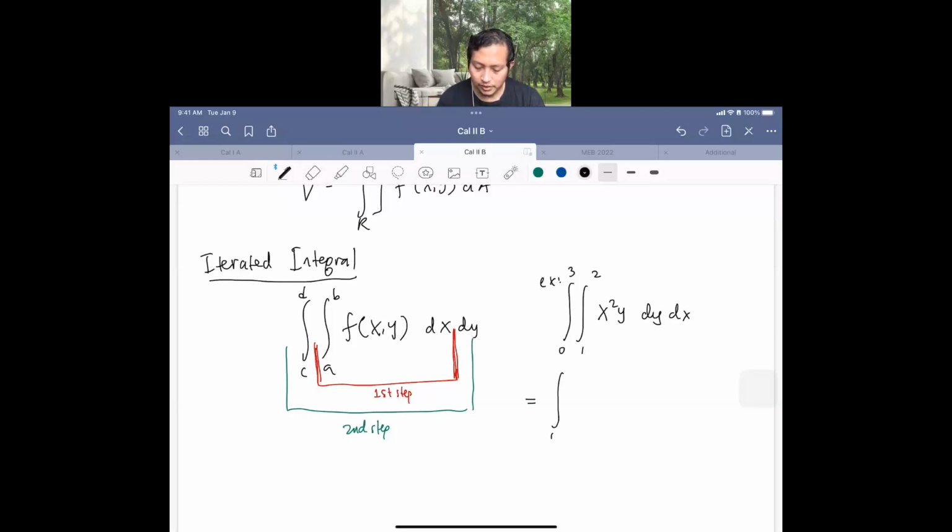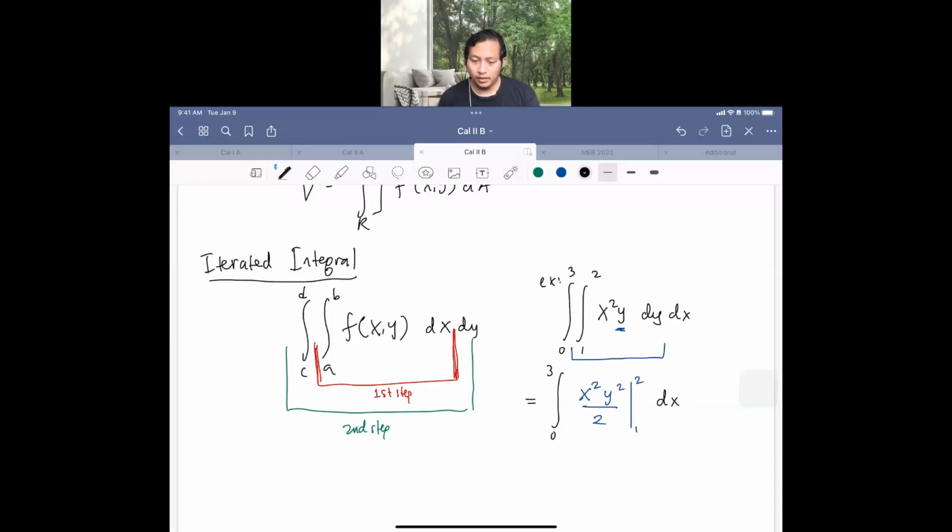Let's write the outside first, and we start from the inside, from this dy. Similar to partial derivatives, x squared will be treated as a constant, and we focus on y. So we have x squared times y squared over 2, right? Then we plug in 1 to 2, and still have dx.